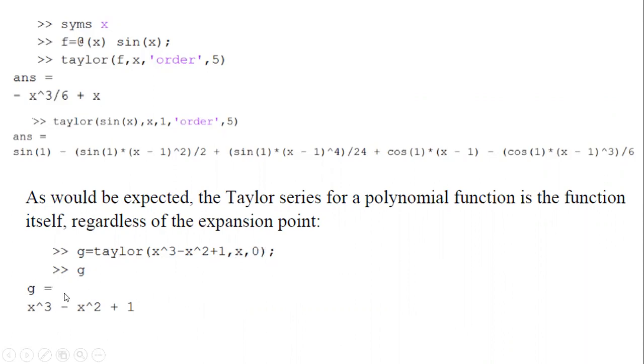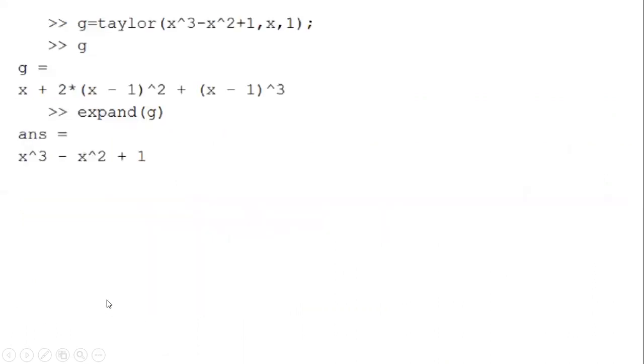So this gives us this expression. Now, if we change the constant value from 0 to 1, using the same function, this will give us this expression. Now, if we try to expand the result, g, this will give us the same expression as if we're evaluating the given Taylor series function at a is equals to 0.